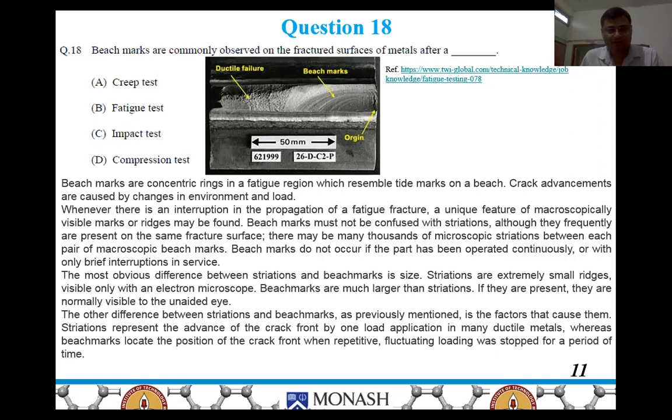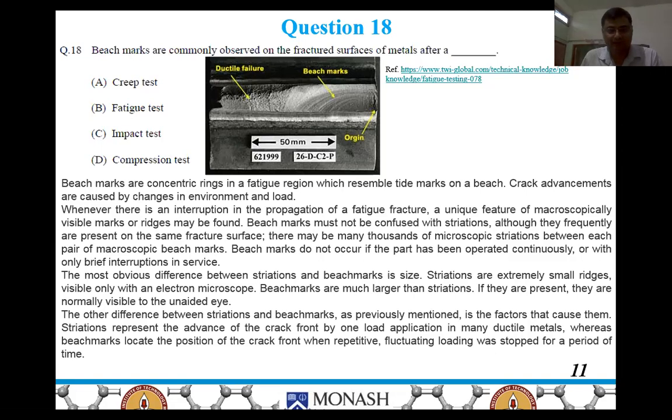Beach marks must not be confused with striations, although they frequently are present on the same fracture surface. There may be many thousands of microscopic striations between each pair of macroscopic beach marks, and beach marks do not occur if a part has been operated continuously or with only brief interruptions in service.